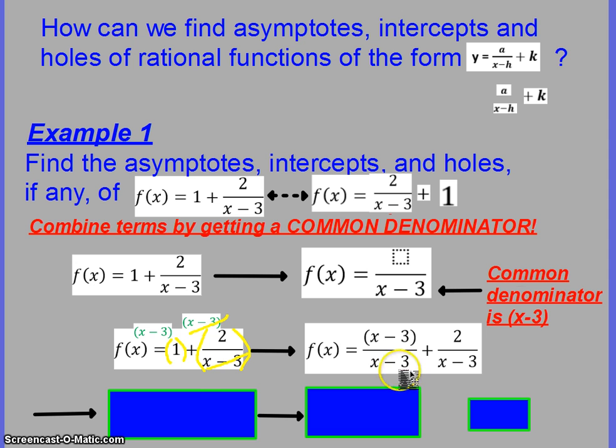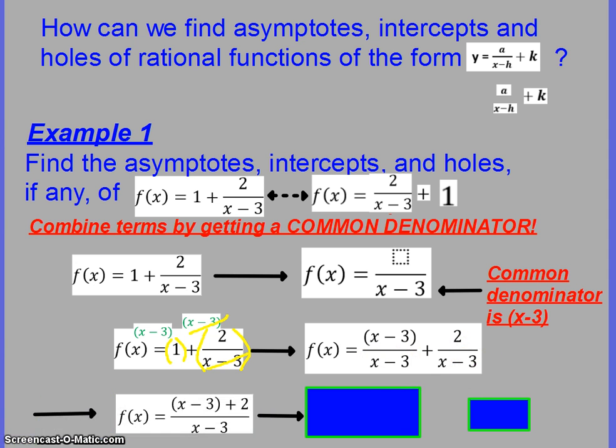Now that the denominators are the same, I can combine the numerators, giving me x minus 3 plus 2. Since I am adding and subtracting here, the parentheses do not need to be there, and I can combine like terms in the top.